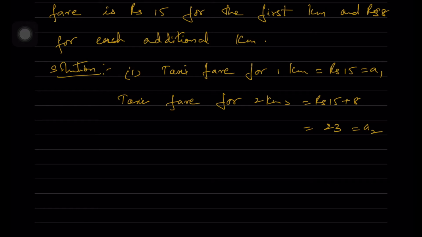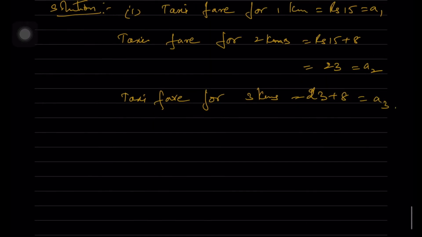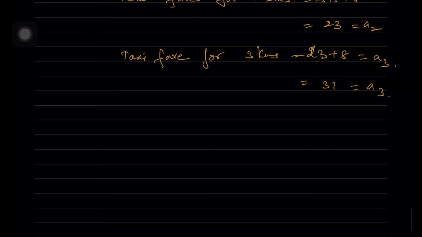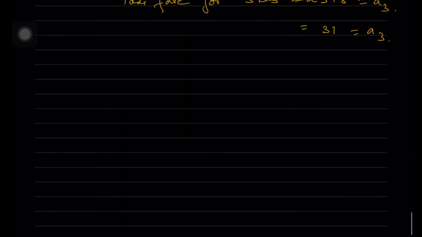Then taxi fare for 3 kilometers is equal to 23 plus 8, which is equal to 31, that is A3. In the same way, for 4 kilometers, it will become 31 plus 8, and so on.